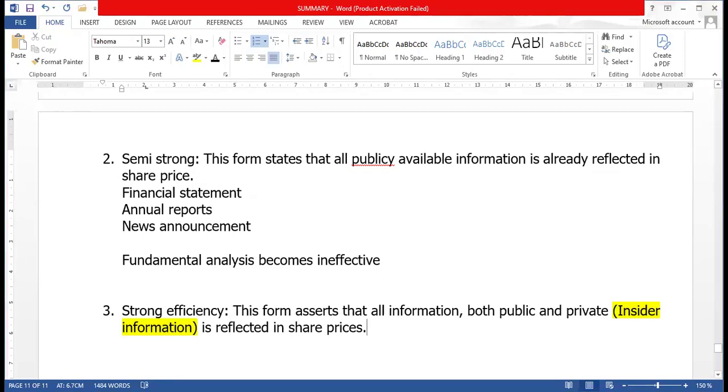So strong efficiency means both public and private information is reflected in the security price. So here no investor can, including the insiders, those managers. Sometimes you find that it is a coordinated deal.